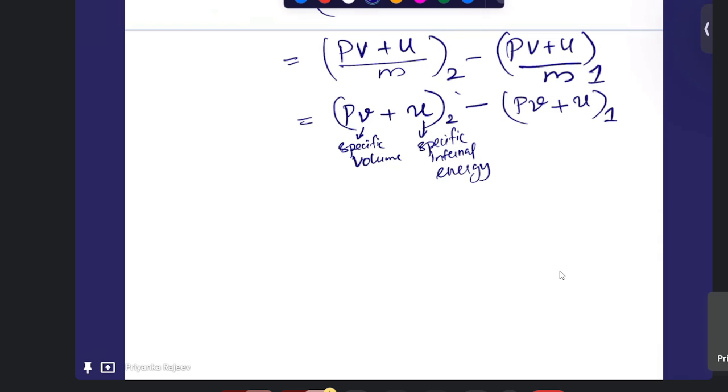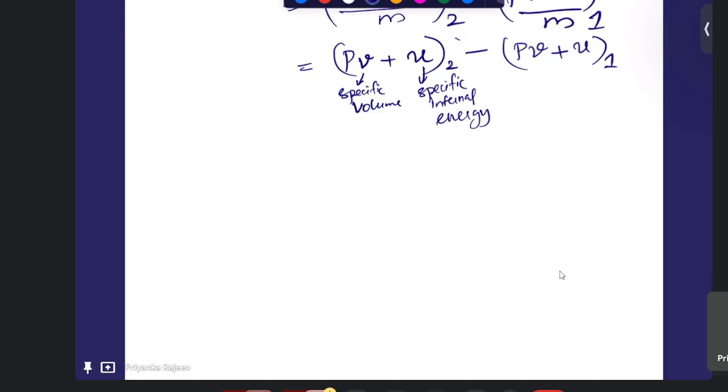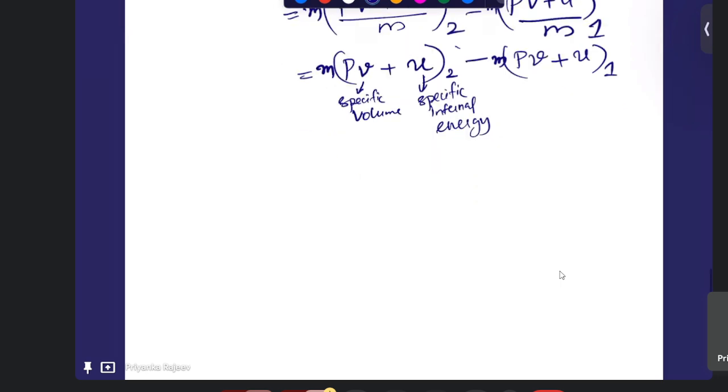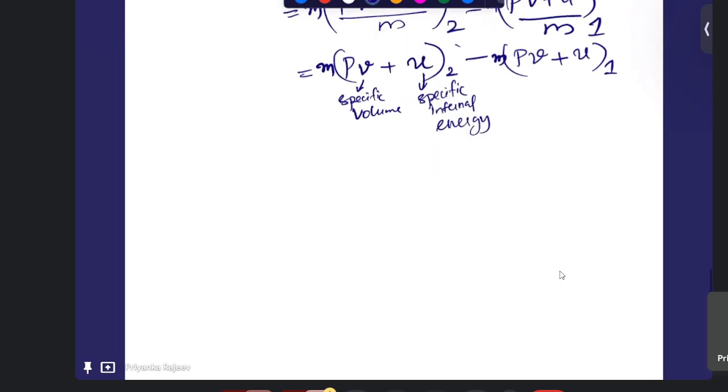Now this PV plus U, I am multiplying and dividing by m, otherwise this will be wrong. So this m times the bracket quantity, I'm taking it as something called H. If I'm not talking about specific values here, then this is how it is termed.